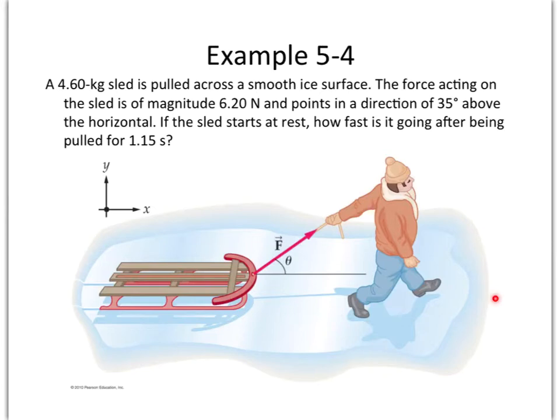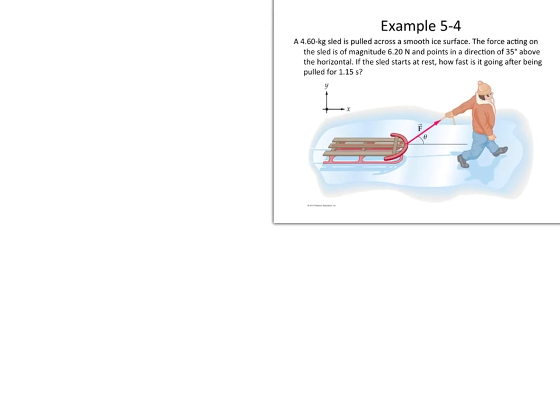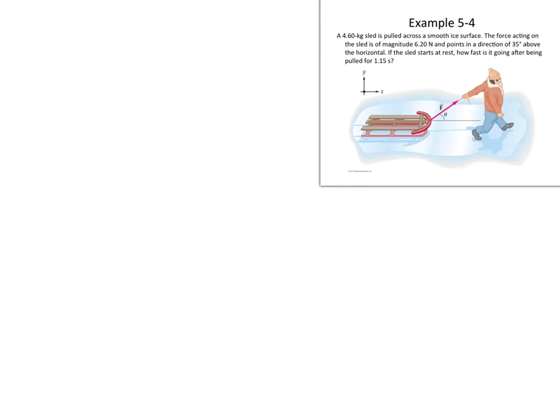Okay, so this problem right here. I'm going to shrink this down a little bit. So we have somebody pulling a sled. I'm going to redraw this because I want to show this from the side. Here is the ice, and I'm going to draw our sled that is being pulled.